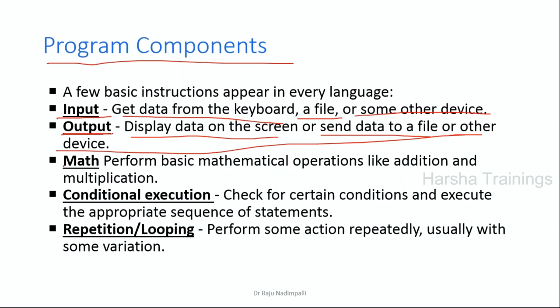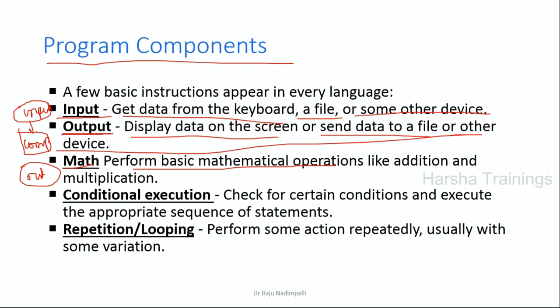Now, this is input and this is output. In between input and output, as a programmer you should write some computations. For these computations we will use some mathematics, performing basic mathematical operations such as addition, subtraction, division, whatever operations I use.